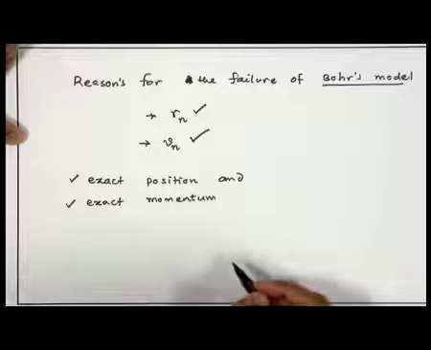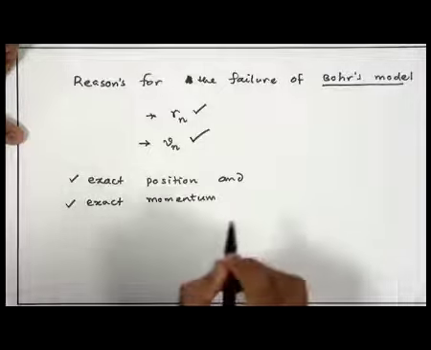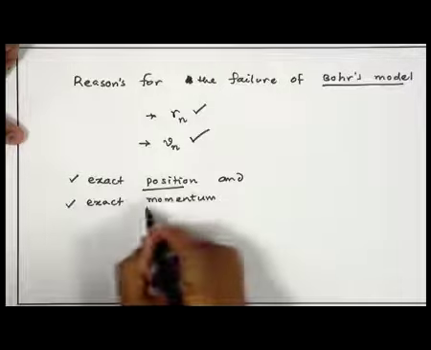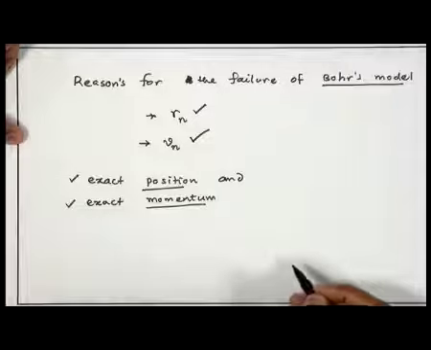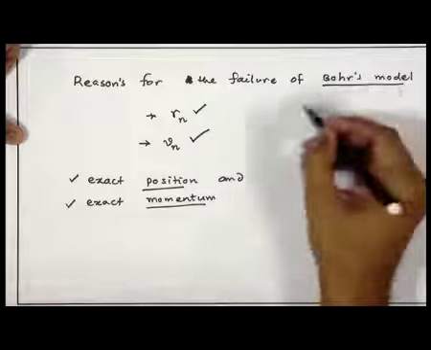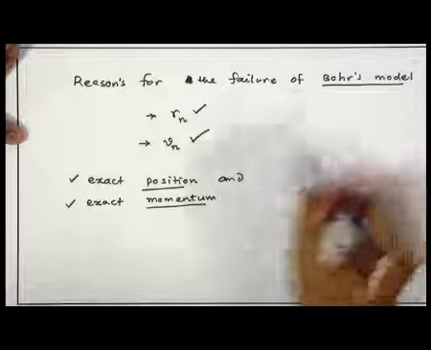So, we know exact position and exact momentum of the electron in Bohr's model, and this is contrary to what Heisenberg's uncertainty principle suggests. Heisenberg's uncertainty principle tells that you cannot simultaneously measure the position and momentum of a microscopic particle, which is the electron in this case. Bohr did not know about Heisenberg's uncertainty principle when he was devising this atomic model.